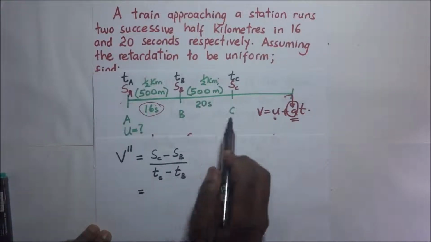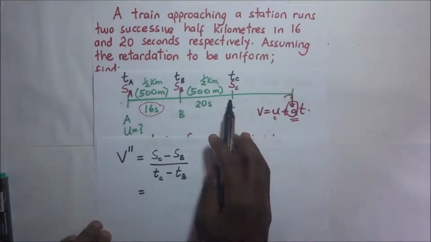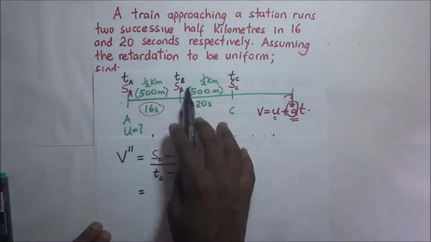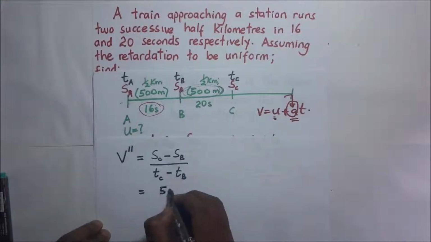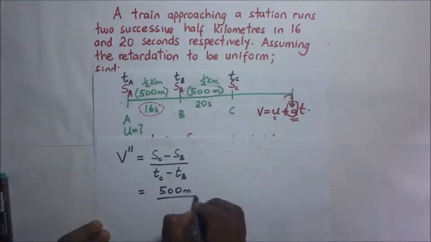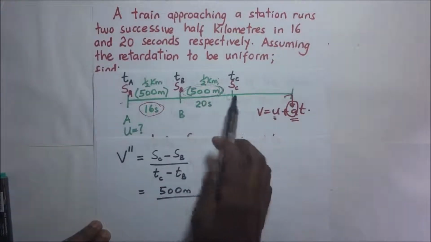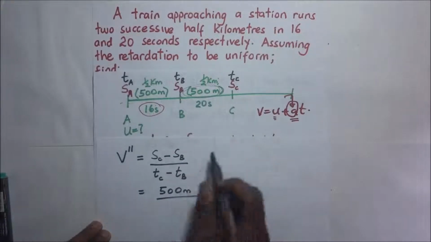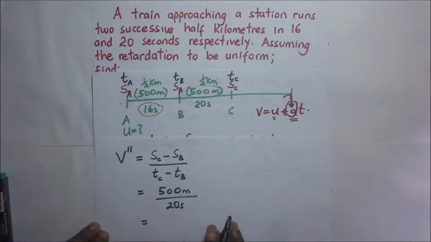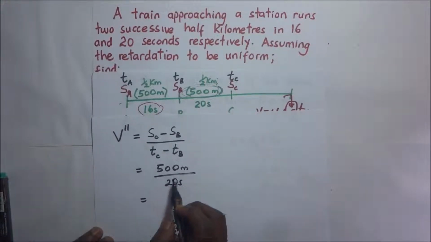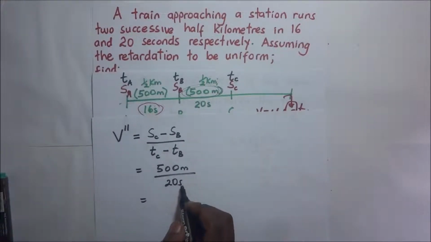The displacement between B and C, SC minus SB, is already 500 meters. Divide that by the change in time, which is definitely 20 seconds. And here our velocity V prime prime will be 25 meters per second.